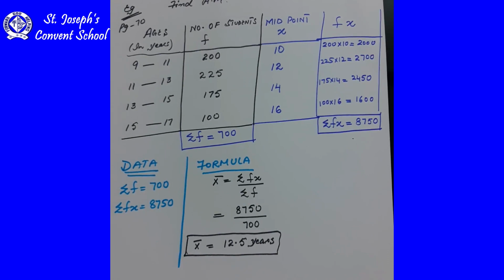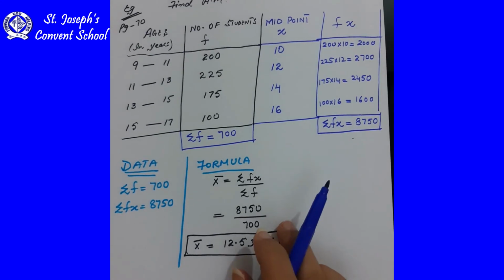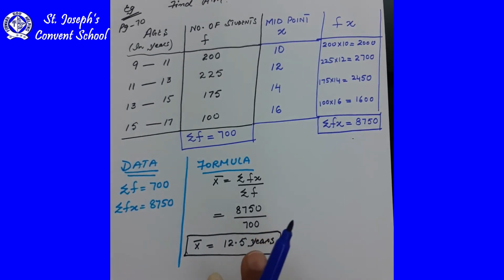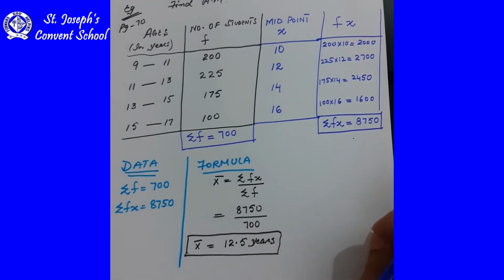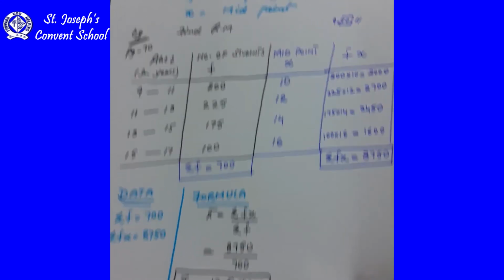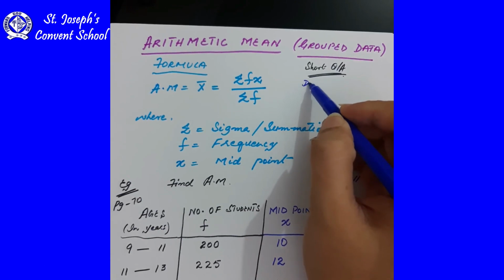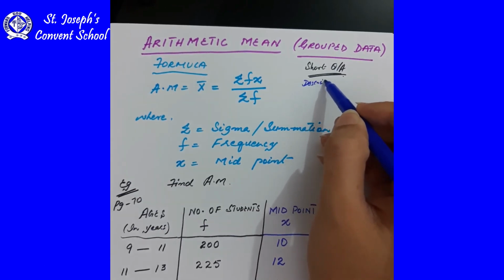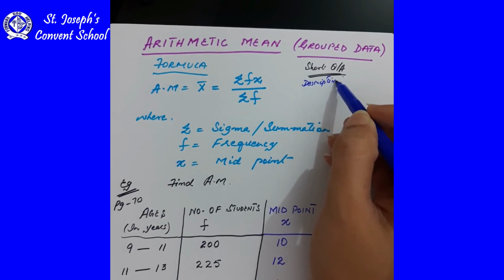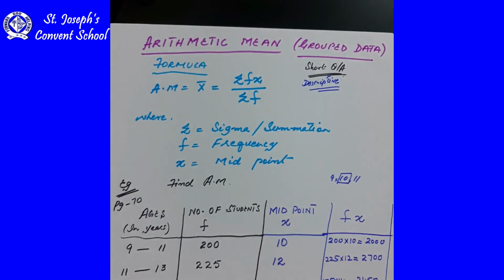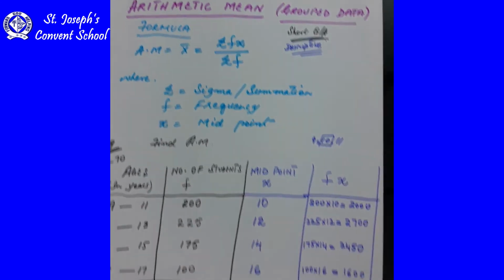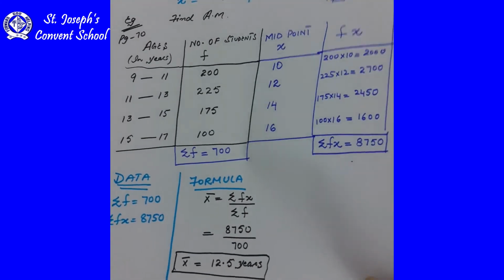This comes in the short question answers, sometimes it comes in the descriptive also. So it comes in both short and descriptive, which means this is an important topic actually. So you better practice it.